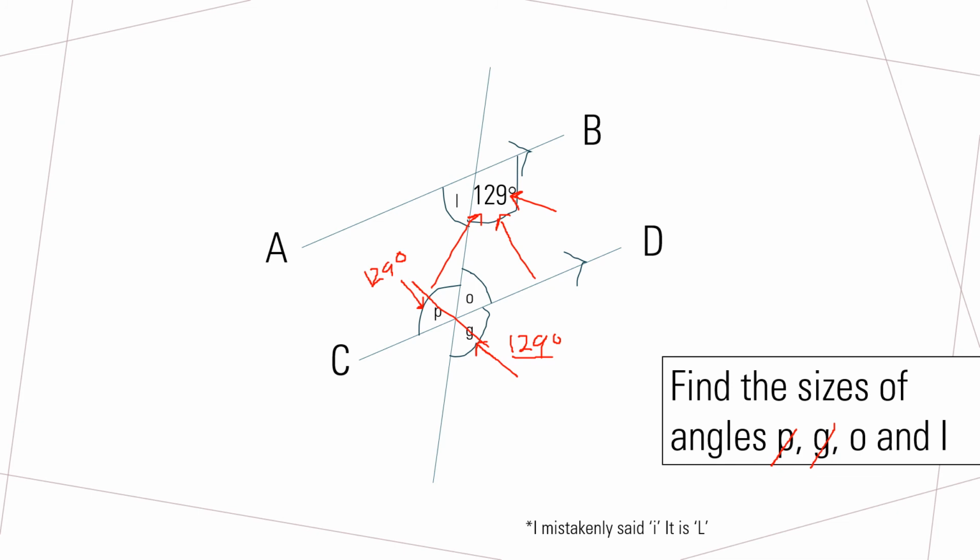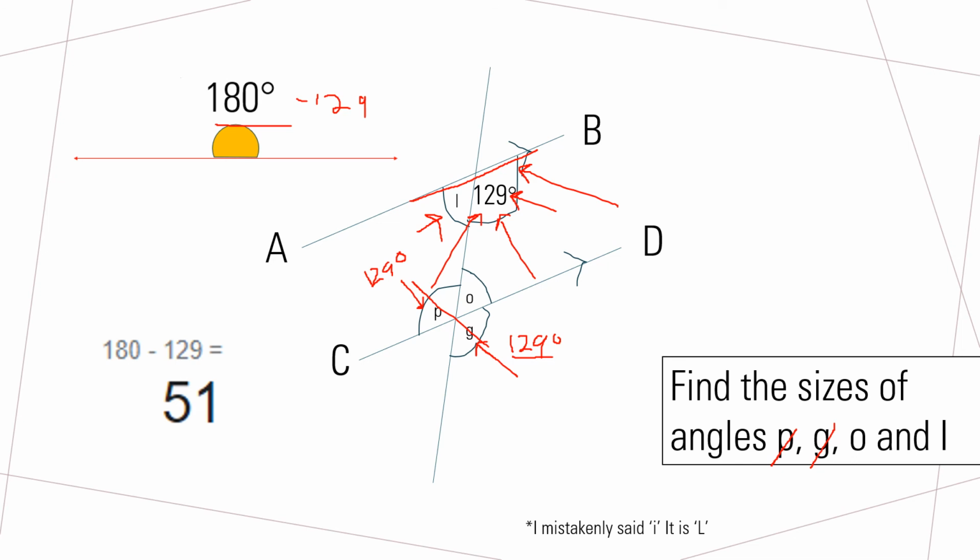Now we need to find L. So as we know that a straight line equals 180 degrees. So they have already given 129 degrees. So to find out L, we need to minus 180 minus 129 to give us 51.